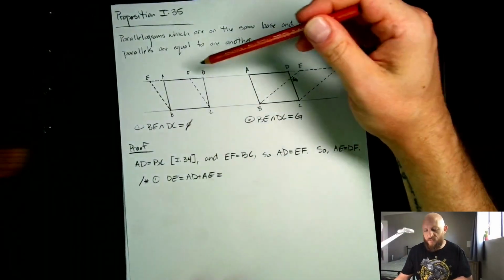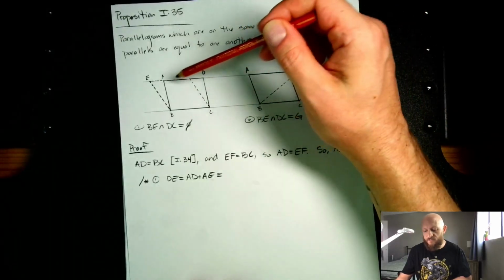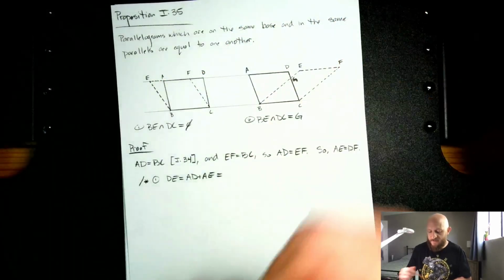But we could also rewrite it: DE is also equal to EF plus FD.